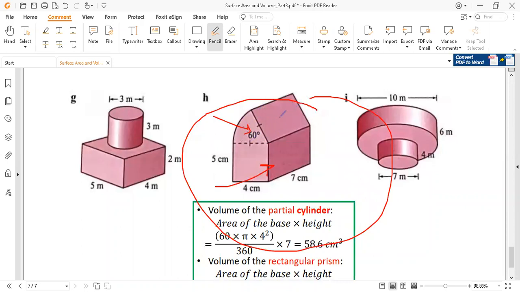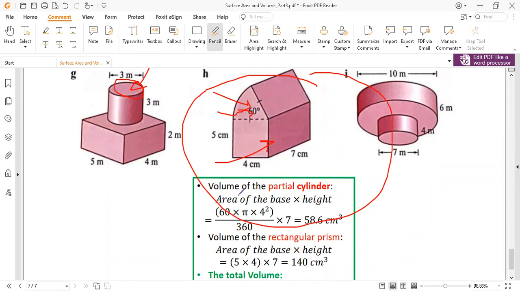We generate a portion of a cylinder from this sector instead of the circle, because we know the cylinder is a circle elongated. From this base we can generate a cylinder, and from this sector, if we give it a volume, we obtain a portion of a cylinder.